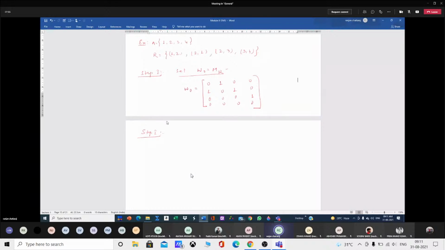Step 2, construct W1. So how to construct W1? You see, first you take W1.